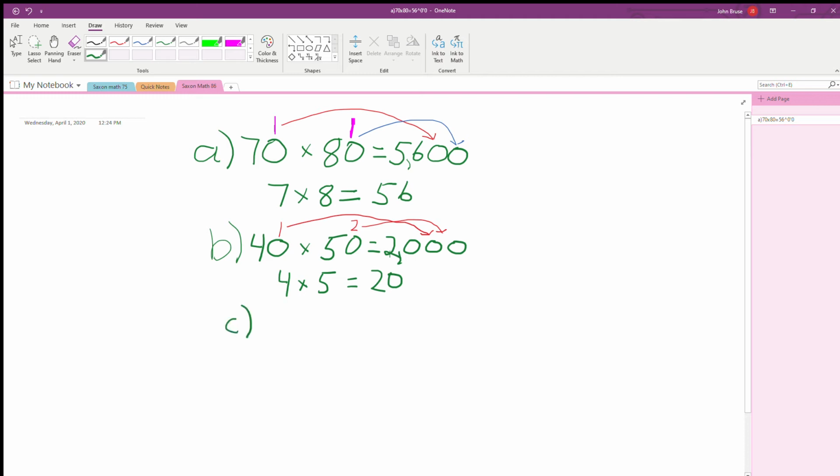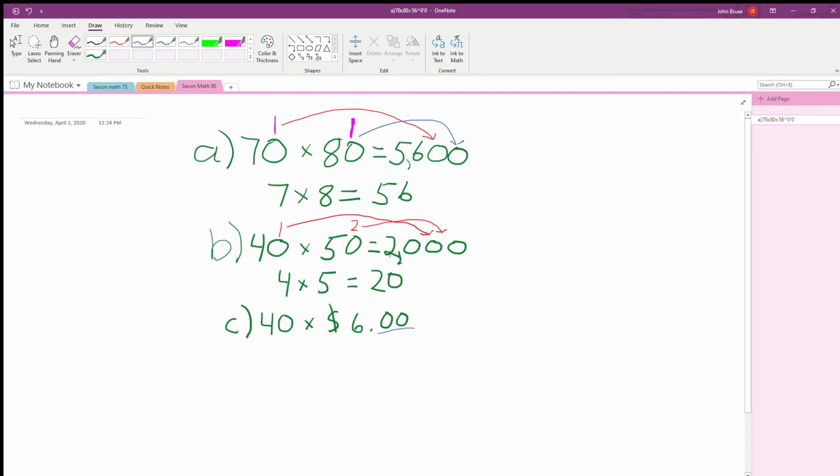Letter C is 40 times $6. So we have 40 times $6. Now don't let this freak you out too much, okay? Remember that these two numbers here are behind a decimal point.